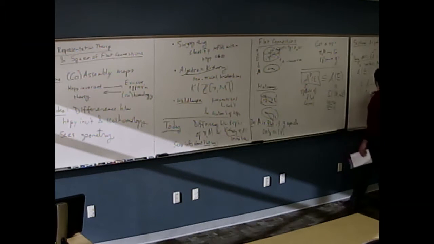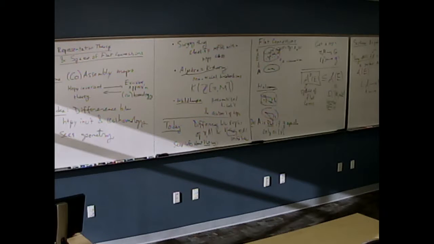So what do you do? You take your connection, and you look at the size of the curvature. To a connection, we can associate a 2-form, that's the curvature 2-form. And then you take a norm that depends on the choice of Riemannian metric on this surface, and you integrate that over the manifold.